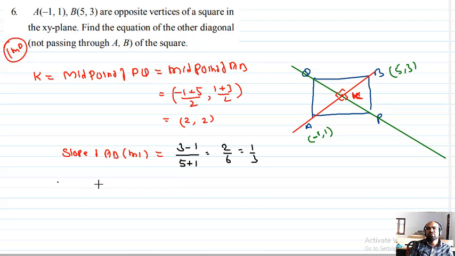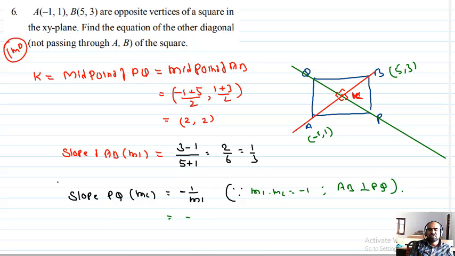Now I want the slope of PQ. Slope of PQ, in bracket M2, equal to minus 1 by M1 only. Why? Because M1 is perpendicular to M2. M1 into M2 equal to minus 1 because AB is perpendicular to PQ.